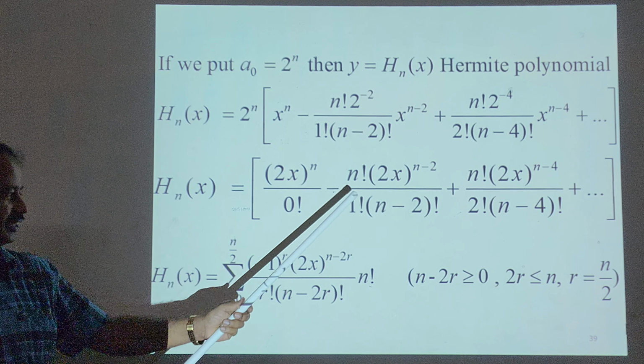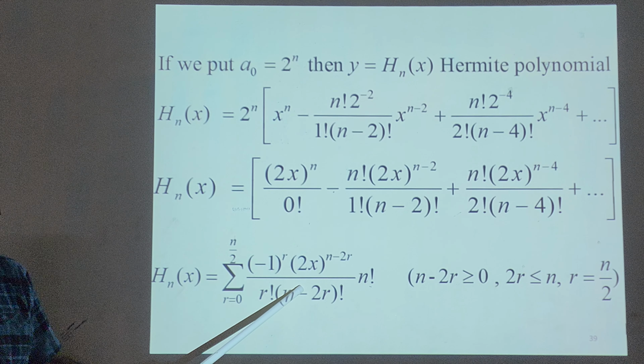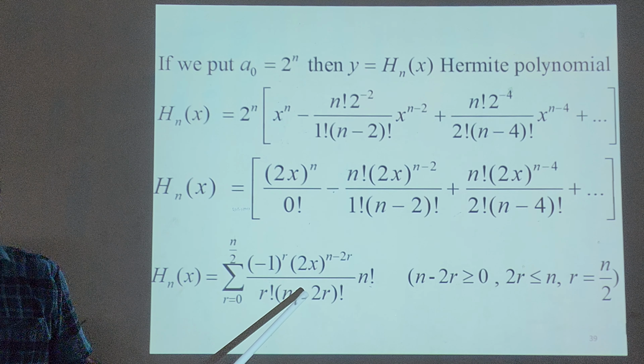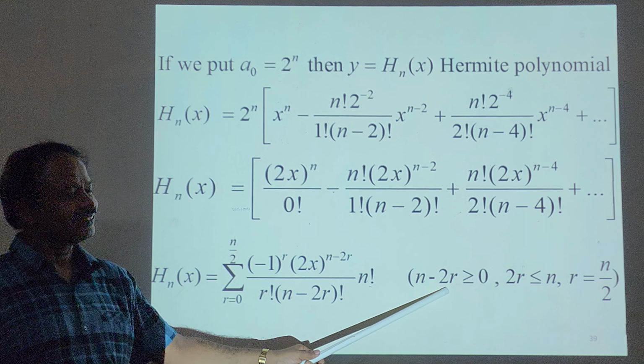You substitute here n equals 2, you will get this. When n equals 4, you will get this one. We have done n minus 2r greater than or equal to 0, and you can simplify this as 2r less than or equal to n, r equals n by 2. So we have done r equals 0 to n by 2. Is it okay?